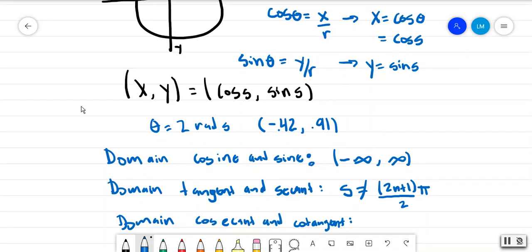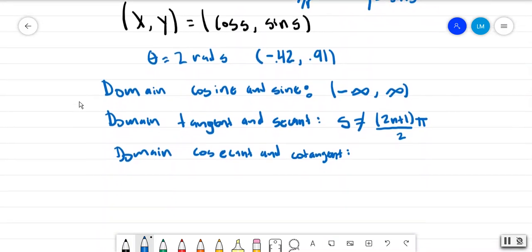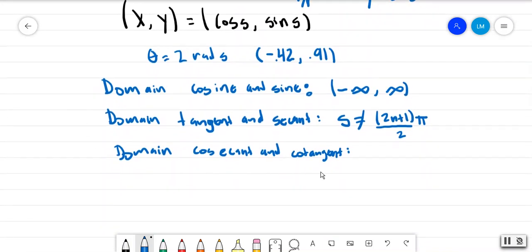But to get that, it's basically a straight angle. So that means that s cannot be integer multiples of pi. So that's how it's going to be undefined in this case.